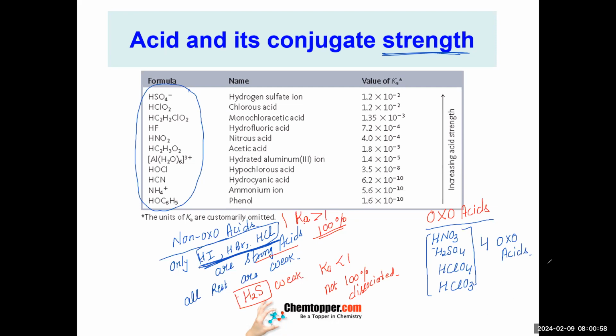I'm not writing that rest all are weak. No, no, it's not like that. But these are the ones which we need to know for AP chemistry that they are strong. And how to identify weak acids here? All carbon containing, if you see carbon, if you see phosphorus, all carbon containing and phosphorus containing acids are weak.